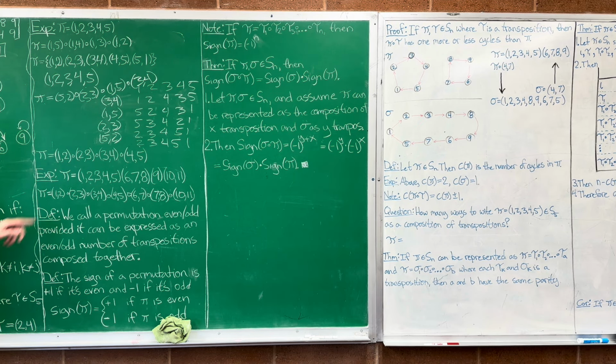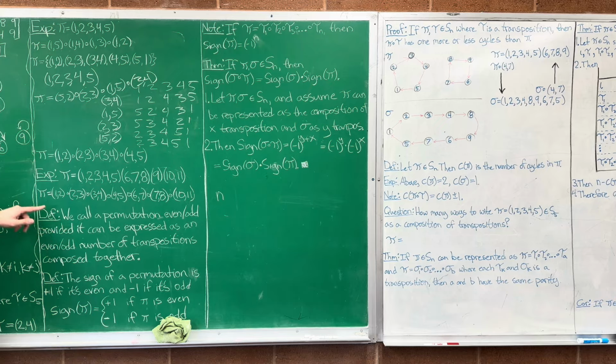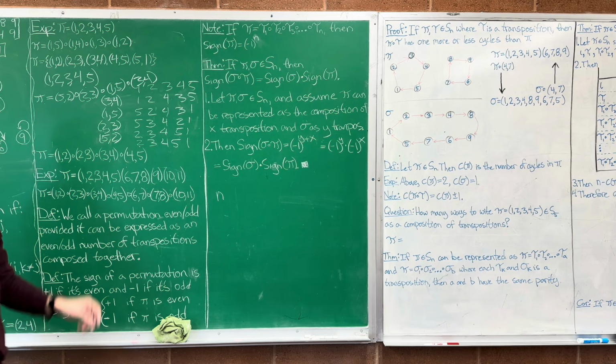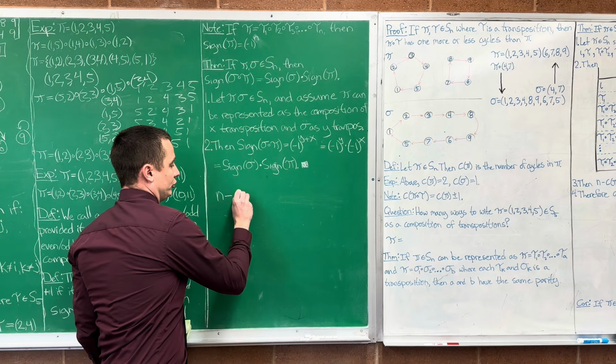Ultimately, what are you going to check? I'll give you the formula right now. You take n, where n is however many elements we're using. In this case, n was 11. In this case, n was 5. And you subtract however many cycles your function has. How many cycles does this function have? 1. So up here, n minus cycles, I'll just write out cycles for now.